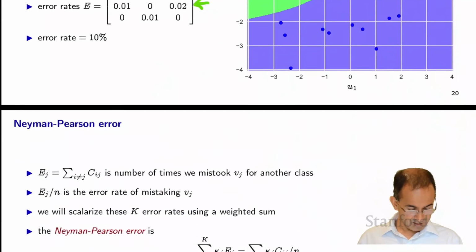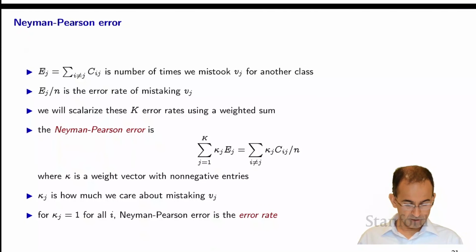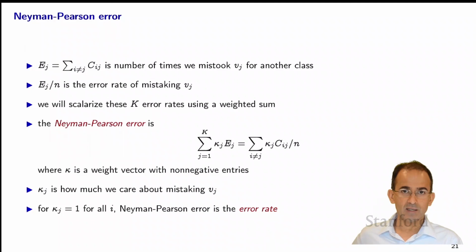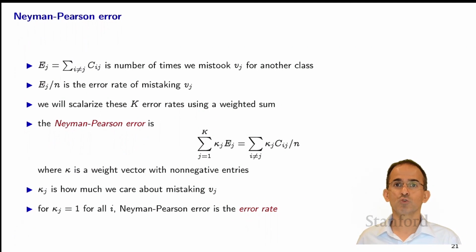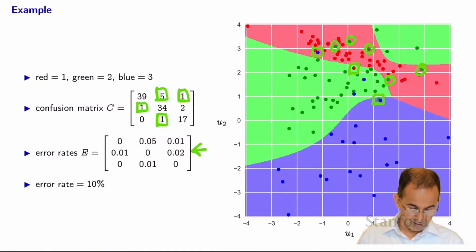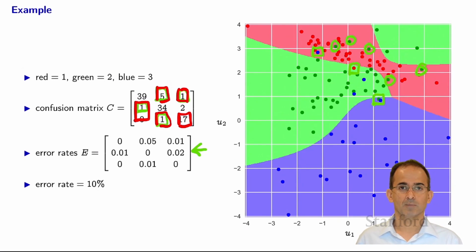What instead we tend to do is we tend to use a kappa value which is only defined per column, per true class. And so we'll have one weight associated with these 2 errors, one weight associated with these 2 errors, and one weight associated with those 2 errors in the last column.